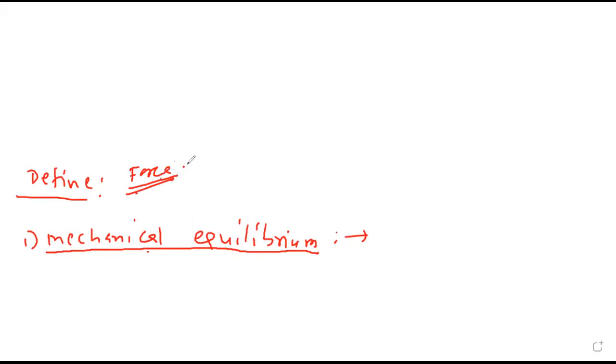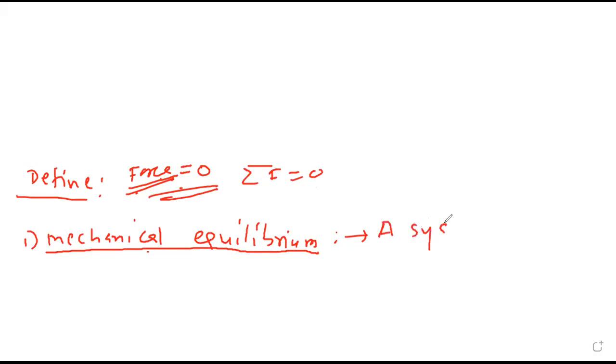What is zero in mechanical equilibrium? See, on the screen I have written. What is zero? Force. That means forces are balanced or unbalanced? If net force is zero, then it is called balanced force.